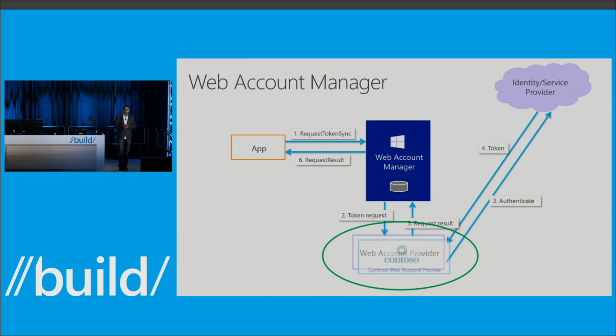But if you wanted to provide your own services, if you said, all right, well, I'm in this business and I want to provide other apps the ability to provide single sign-on in their own experiences without having to recreate the authentication logic, it is possible for you to add as many authentication web account providers as you want.